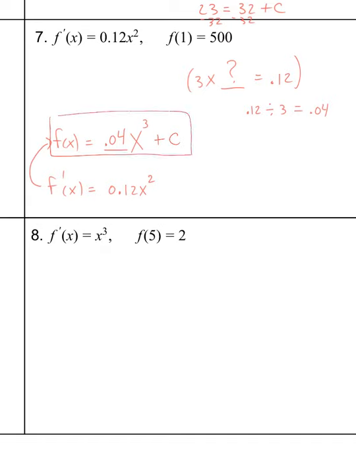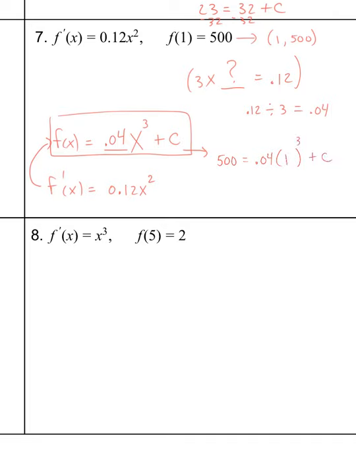Now to get my specific, I plug in my point. Okay, so my point right here tells me that when I plug in 1 for x, out comes 500. So I plug 500 in right here, and I plug in 1 right here. It looks like this. 500 is equal to 0.04 times 1 to the 3rd plus c.